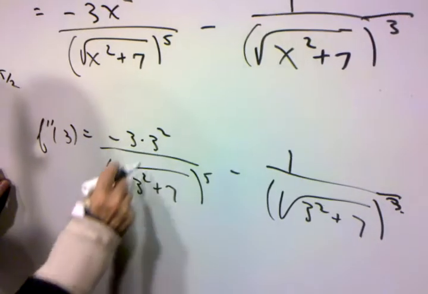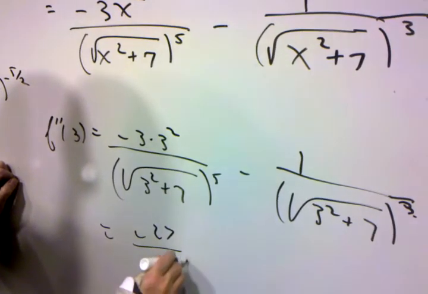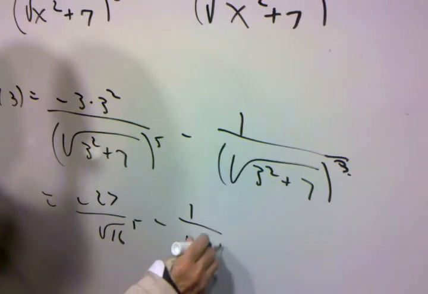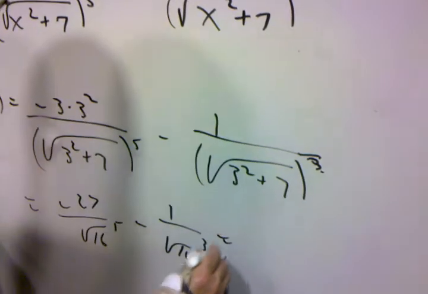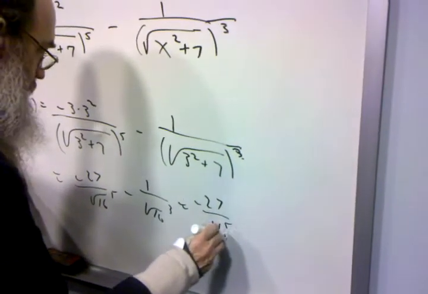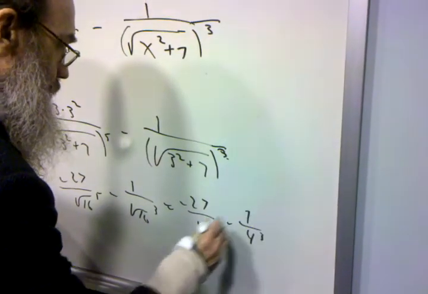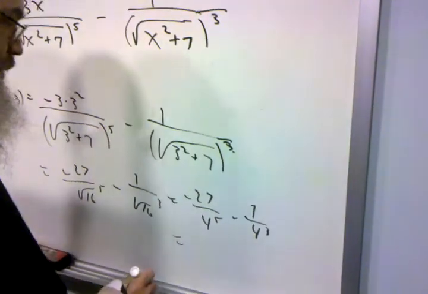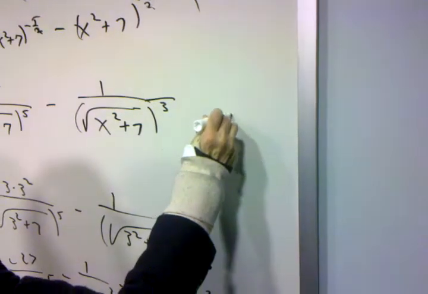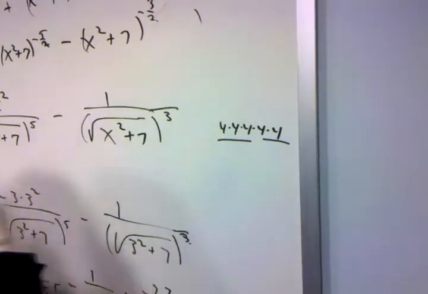So this equals minus 27 over the square root of 16 to the 5th power, minus 1 over square root of 16 to the 3rd power. Square root of 16 is 4, so it's minus 27 over 4 to the 5th power, minus 1 over 4 to the 3rd power. So 4 to the 5th power is what? Well, 4 times 4 times 4 times 4 times 4. This is 16 and this is 64.